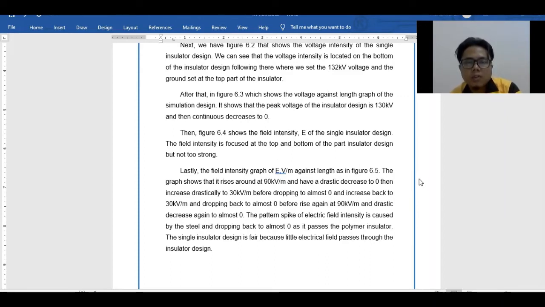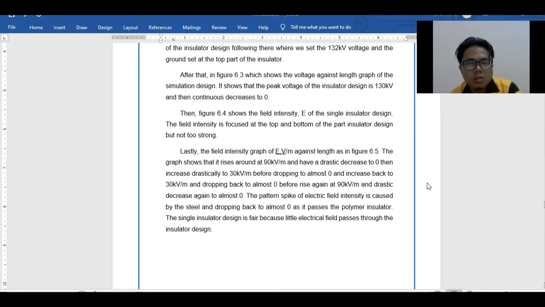So the pattern of spikes in field intensity is caused by the steel, and the dropping back to almost 0 is as it passes the polymer insulator. So the single design is fair because a little vertical field passes through the insulator design.